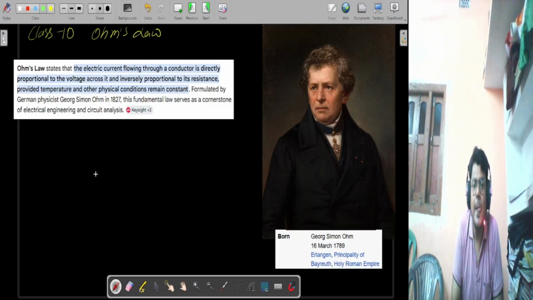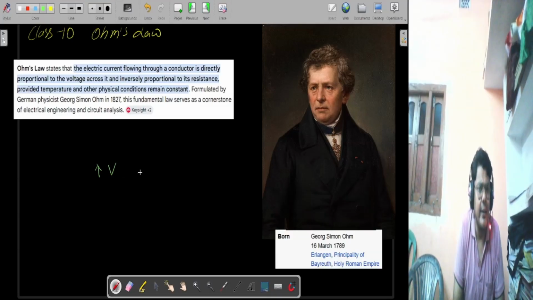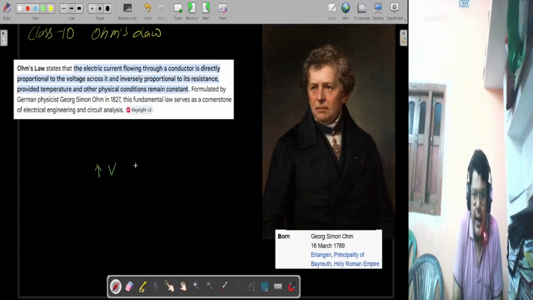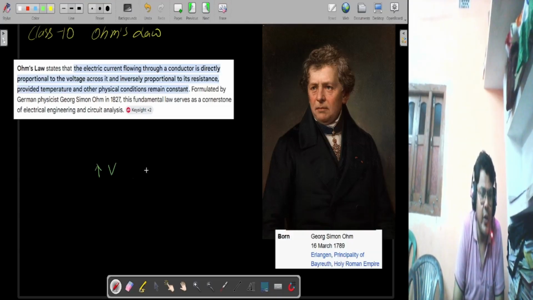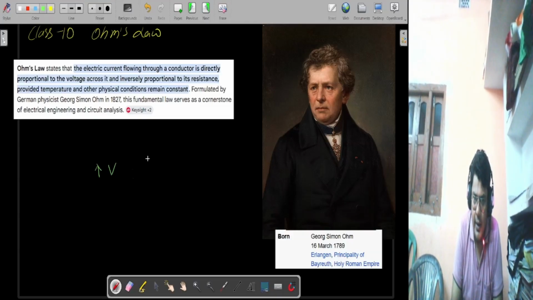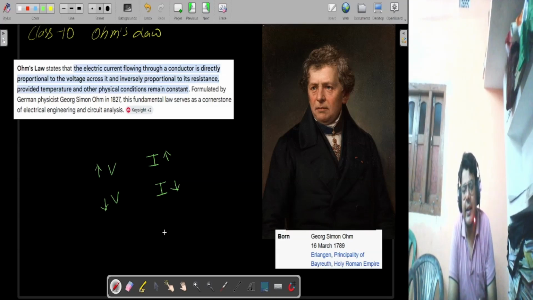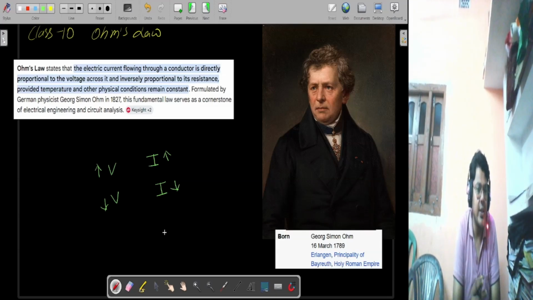So he noticed that whenever he increases the potential difference, the electric current also increases, and vice versa. Whenever he decreases the potential difference, it also leads to a decrease in the amount of electric current passing through that circuit.